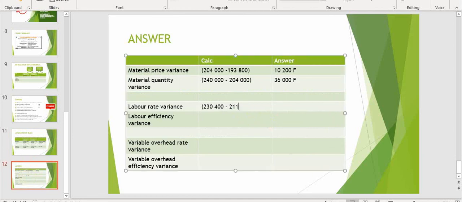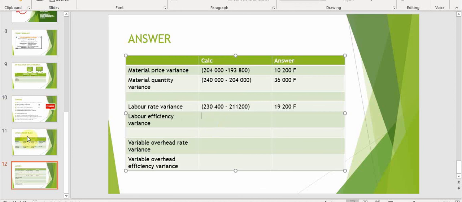I'm just making sure that I am using the right figures here. On my calculator, I get a positive 19,200 favorable.